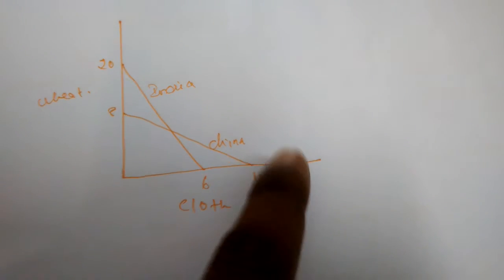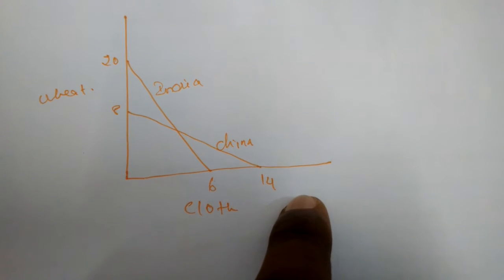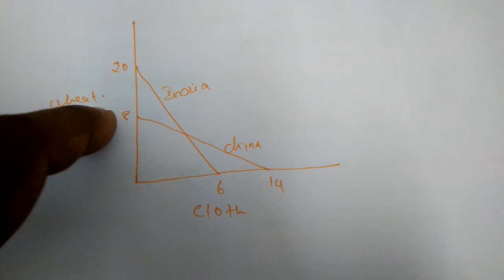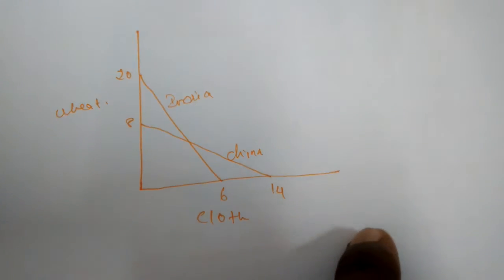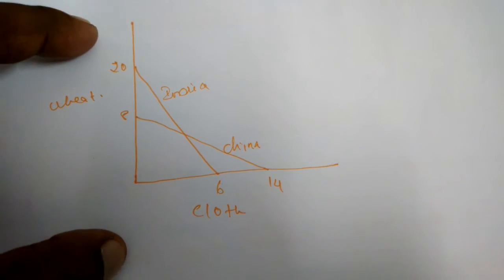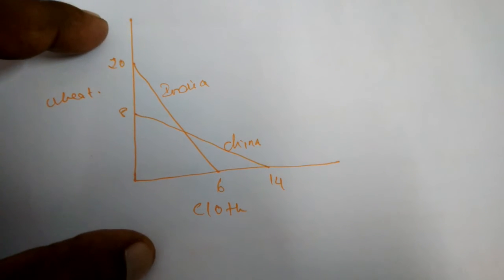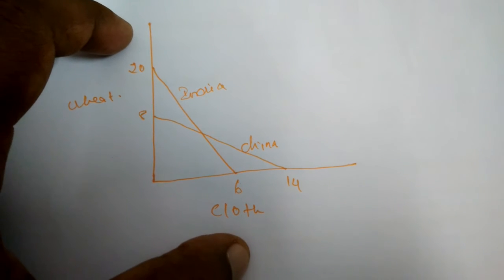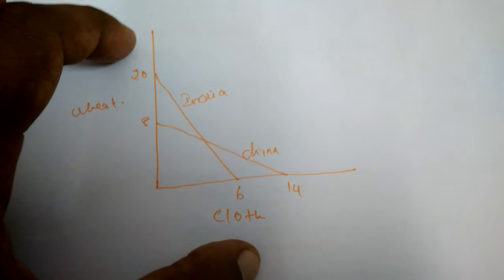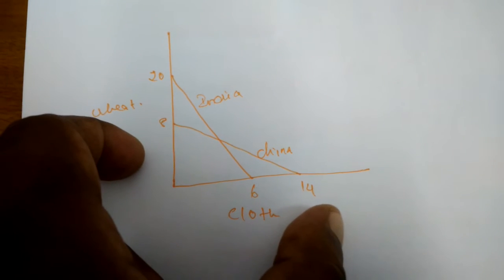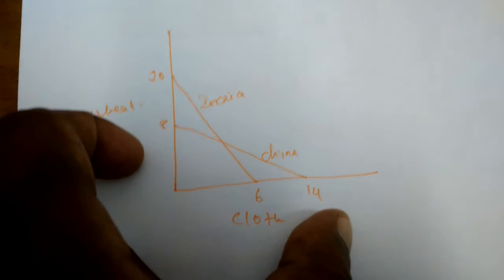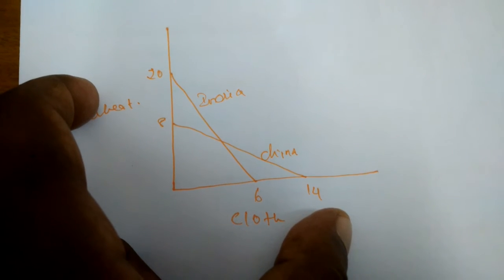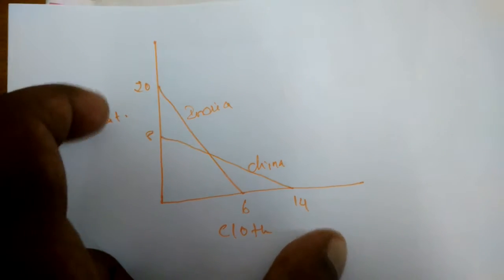So India has more specialized skill to produce wheat, but not to produce cloth. At the same time, China has more specialized skill to produce cloth and less specialization to produce wheat.